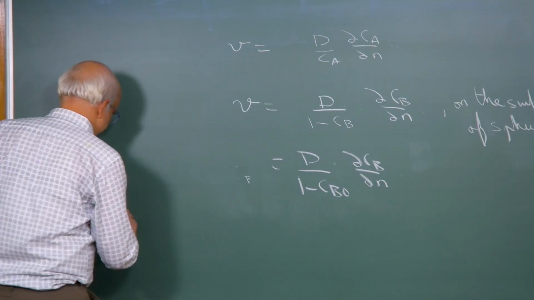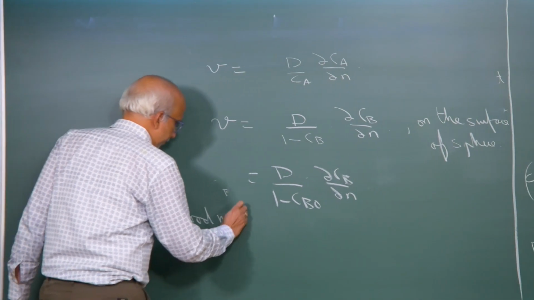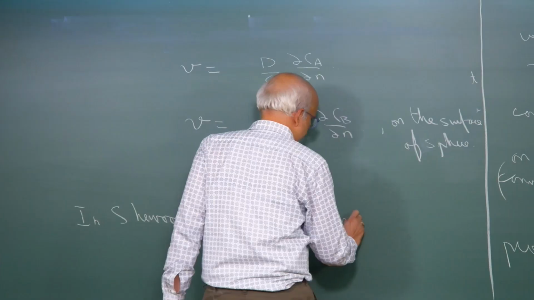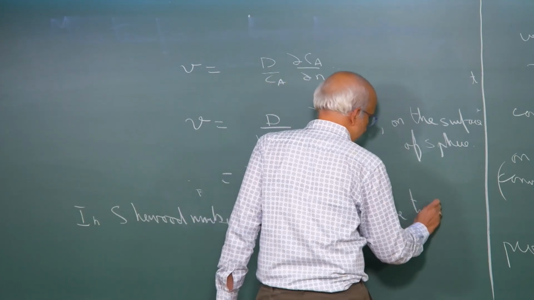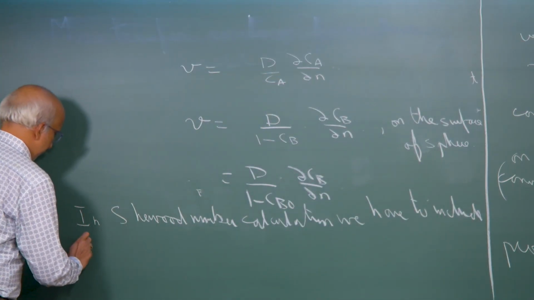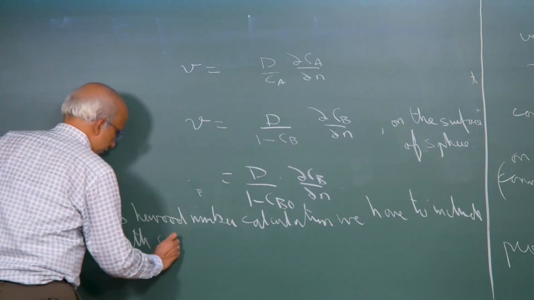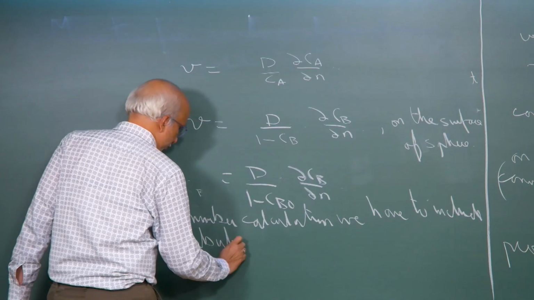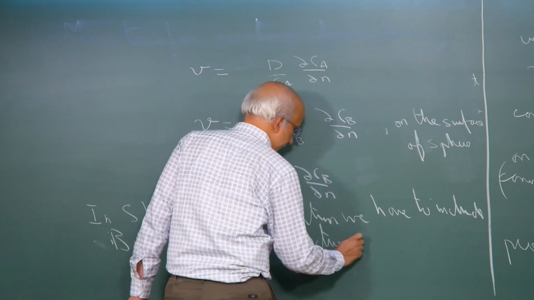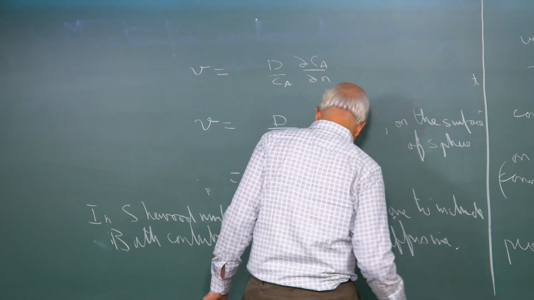So in the Sherwood number calculation, we have to include both contributions, convective and diffusive.